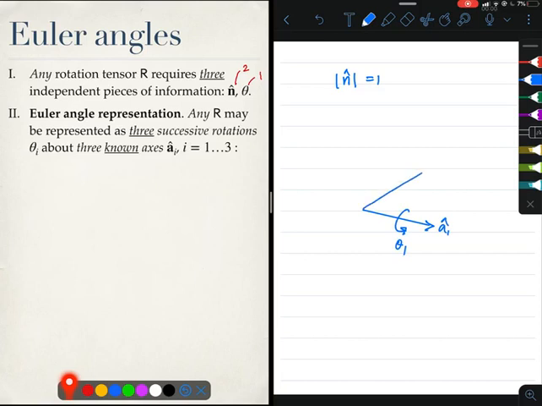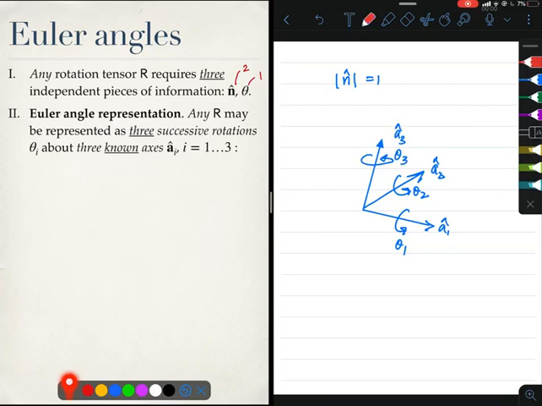Then rotate about another axis a2 by theta 2. Finally, there is another axis a3, rotate about a3 by amount theta 3.